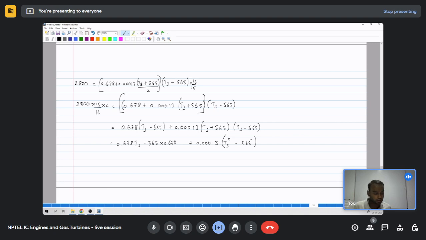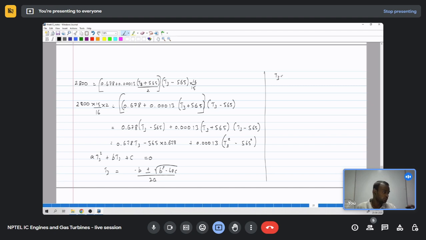So now we will have an expression like A T3 square plus B T3 plus C is equal to 0, and then T3 is minus B plus or minus root of B square minus 4AC by 2A, and then taking all this you can get the value of T3.